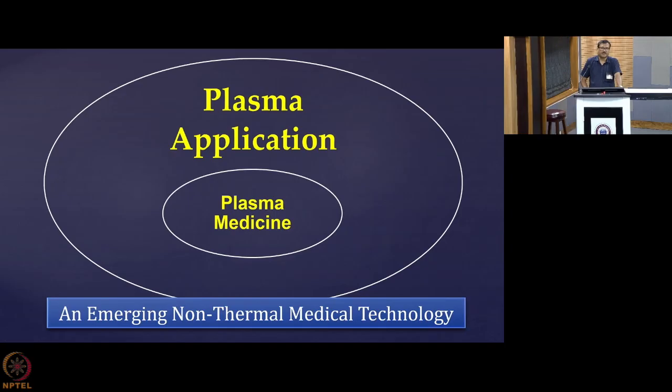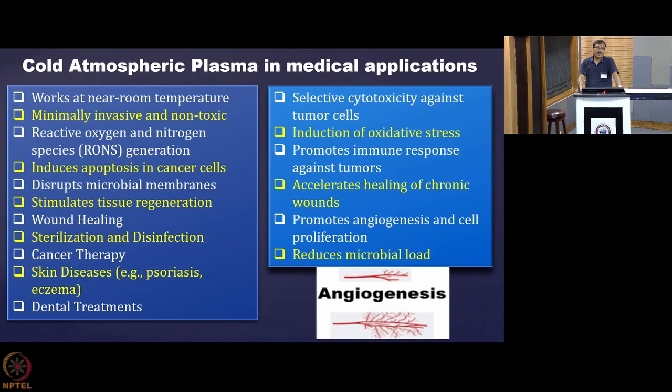Now here we are going to plasma application in the plasma medicine area, the emerging non-thermal plasma technology in the medical sector. Here cold atmospheric pressure plasma is used that works at near room temperature. It is minimally invasive and non-toxic.